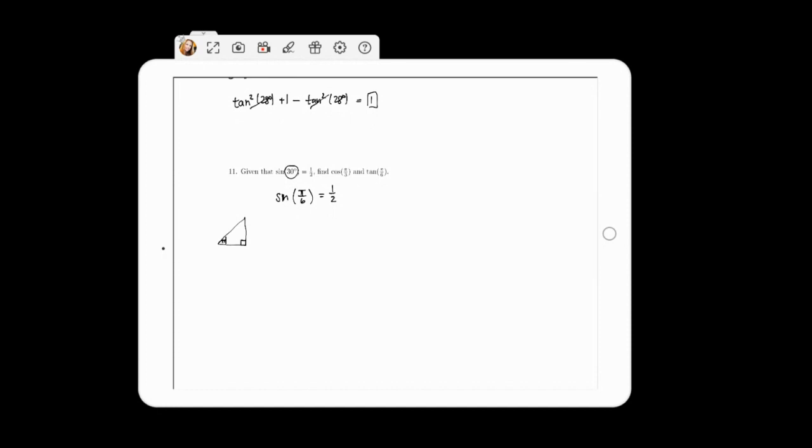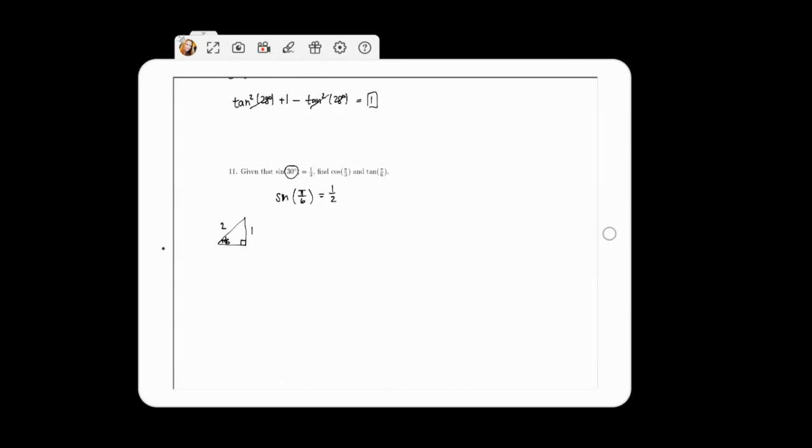So I have pi over 6, and I know that sine is opposite over hypotenuse. This would allow me to find the tangent of pi over 6, but I'm still wondering about the cosine of pi over 3. But I think the thing to realize is that the sum of the 3 angles in a triangle is always pi.